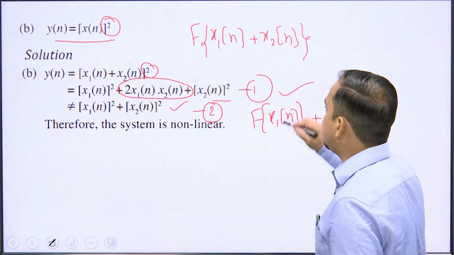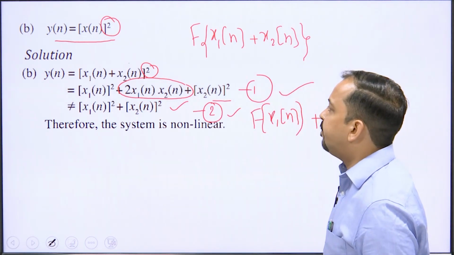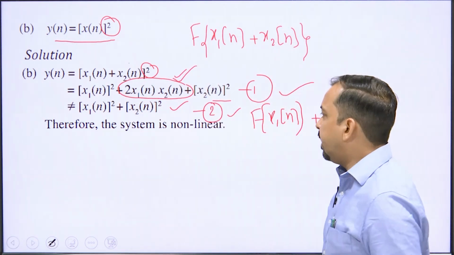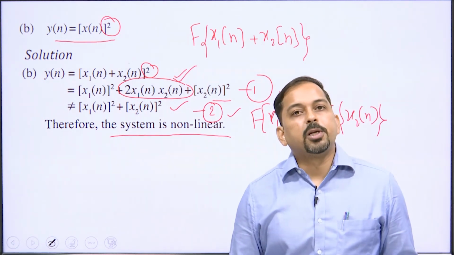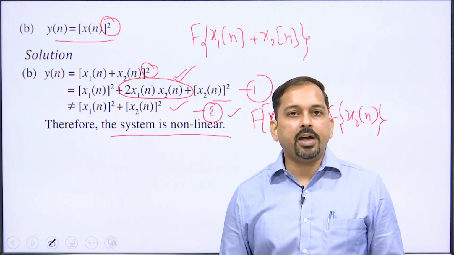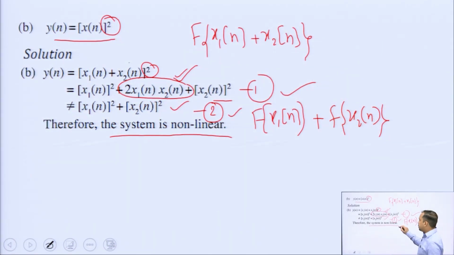So, we can clearly see that equation 1 and equation 2 are a bit different. This term is extra. So, we can say that the system is not following the principle of superposition. If the principle of superposition is not verified, then we can say the system is said to be non-linear.